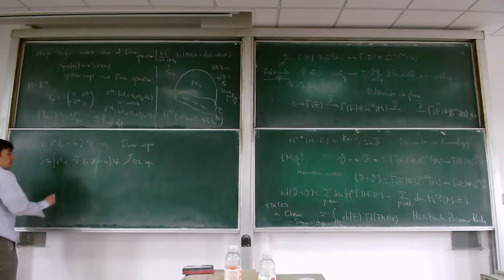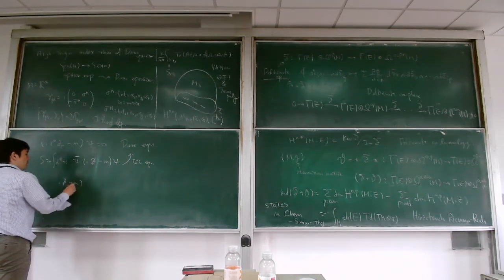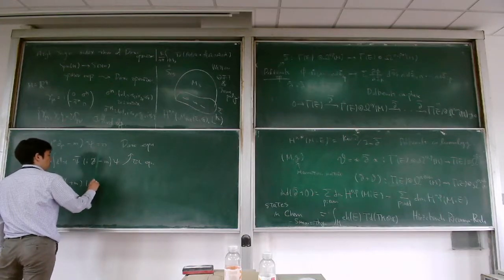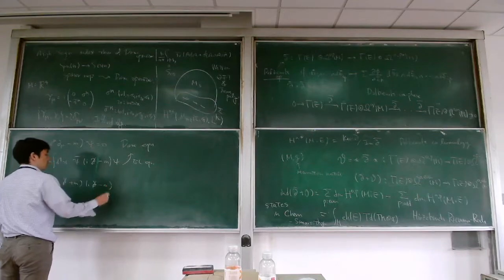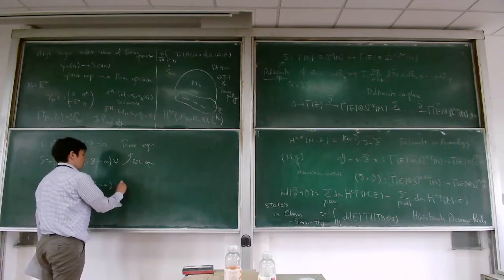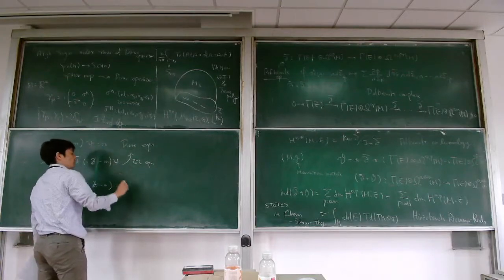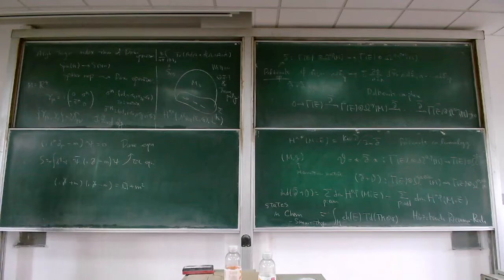And if you multiply by (i partial slash plus m) and (i partial slash minus m), this will give you the Klein-Gordon equation. It's a good exercise using the Clifford algebra. You should do it once. Therefore, the Dirac equation can be understood as the square root of the Klein-Gordon equation.